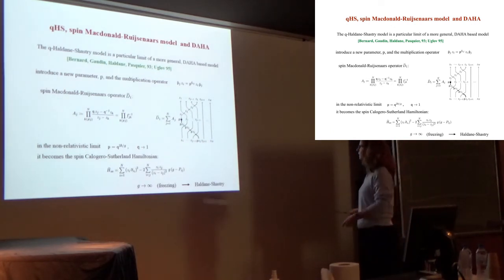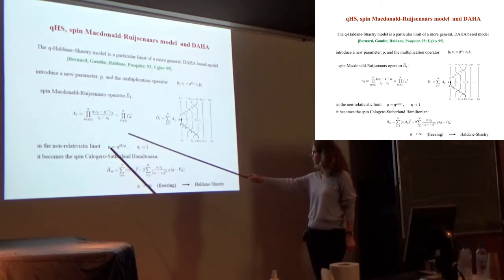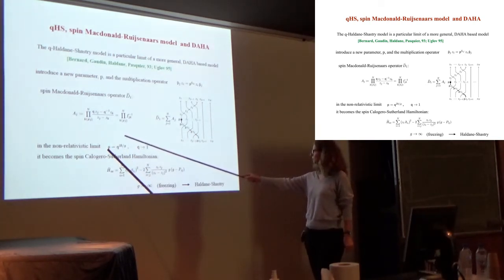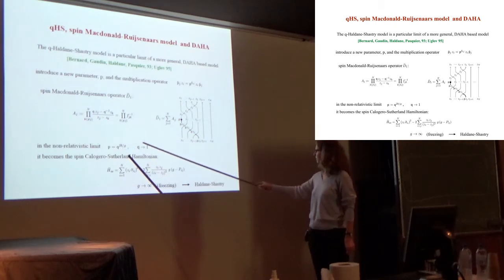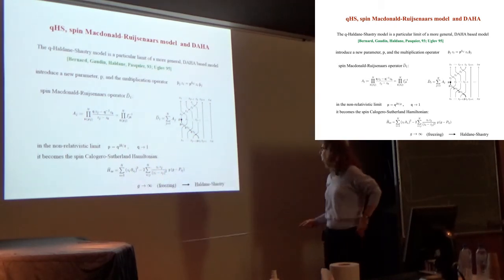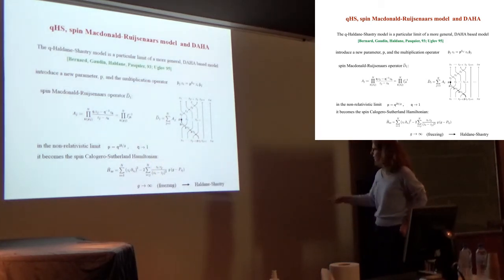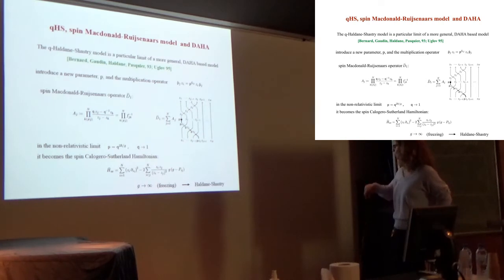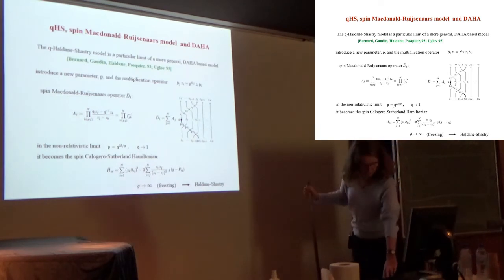So this model now, if you take this relation between p and Q parameter, so here this coupling constant of the Calogero model appears, and then if you send Q to 1, then you get the usual Calogero and Haldane-Shastry.